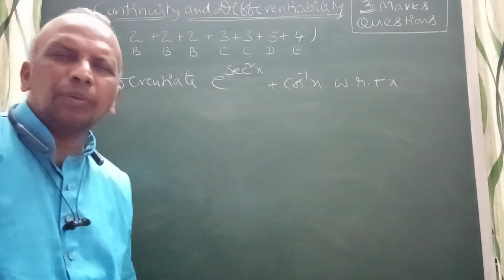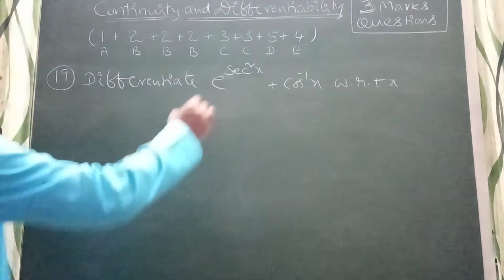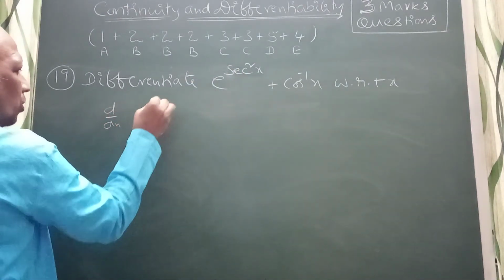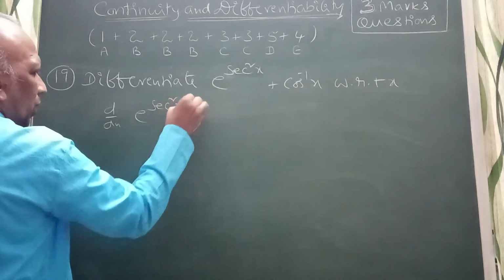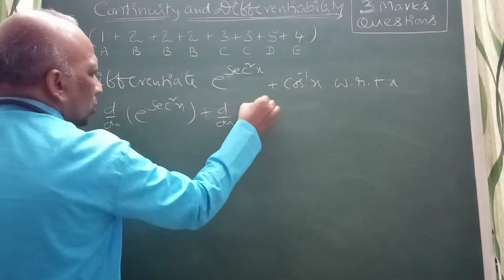See, in this problem, they are given like this. They are asking to differentiate this one. You can consider dy by dx of e power secant square x plus d by dx of cos inverse x.